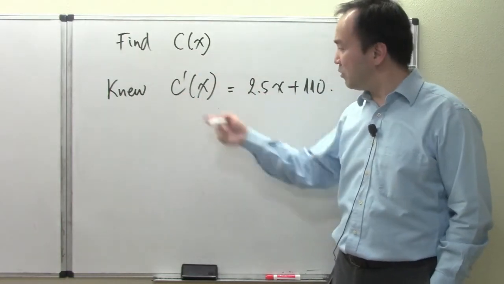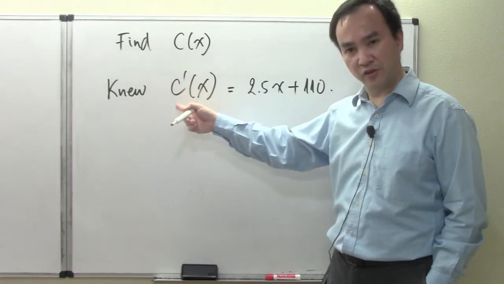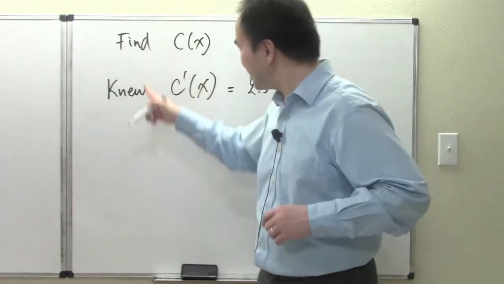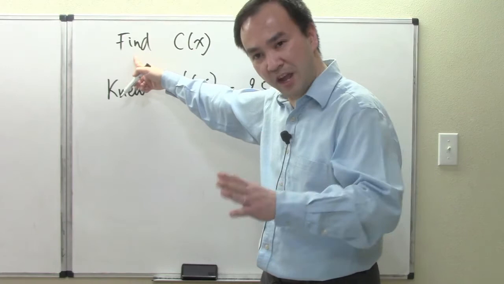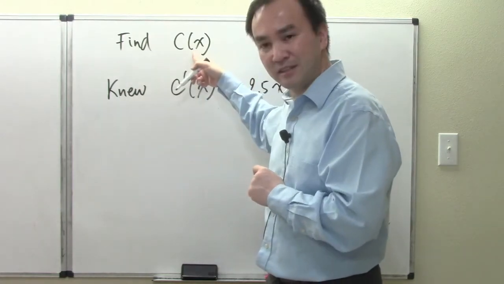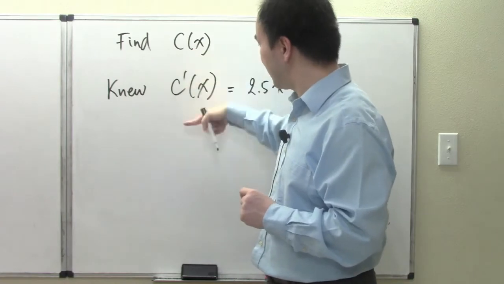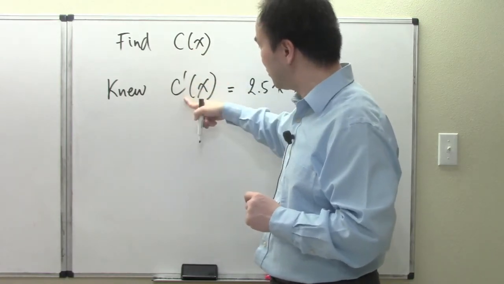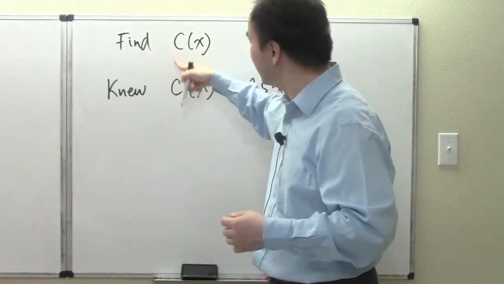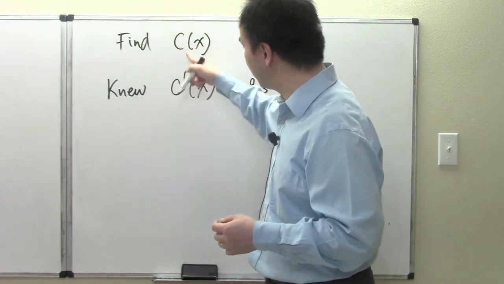Because what can we do with this marginal cost function? The question in part A wants us to find the total cost function. So the relationship between total cost and marginal cost now is that marginal cost is, as you already know, the derivative of the cost function.